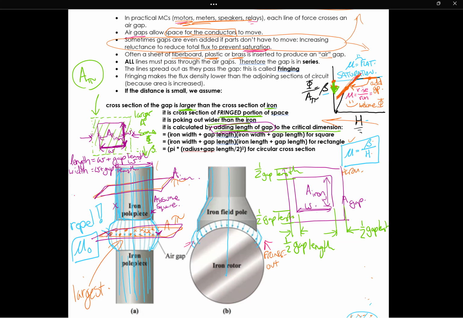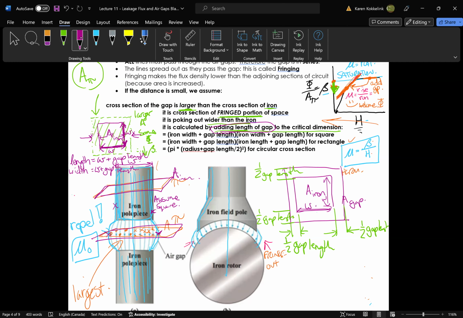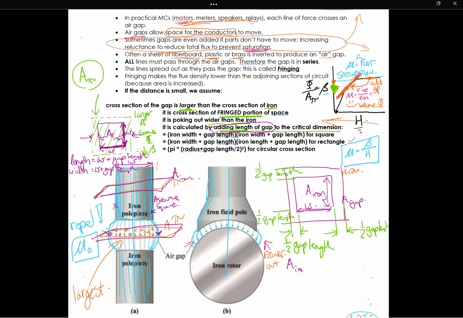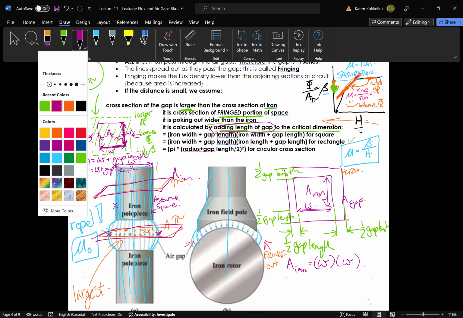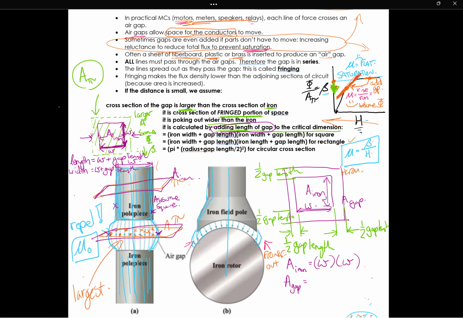So if I were to calculate the area of iron, it would be W times W. That's how you calculate area, length times width. If I were to calculate the area of the gap, it would be W plus something times W plus something.